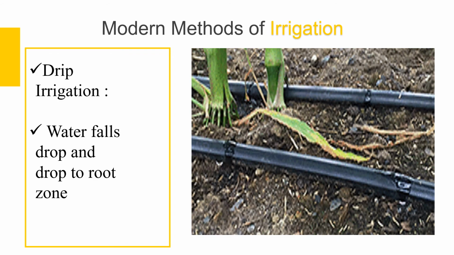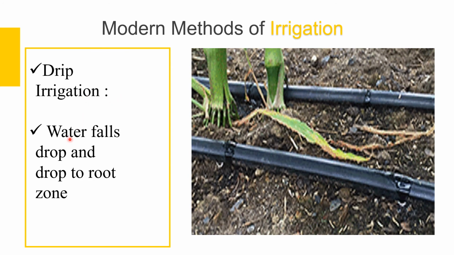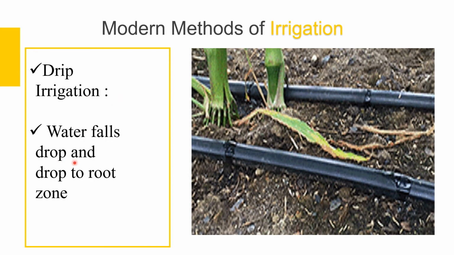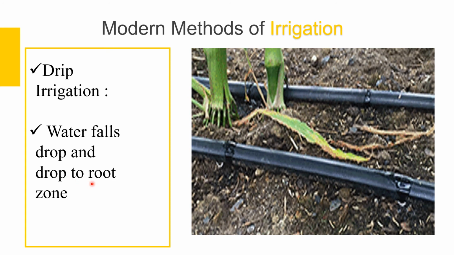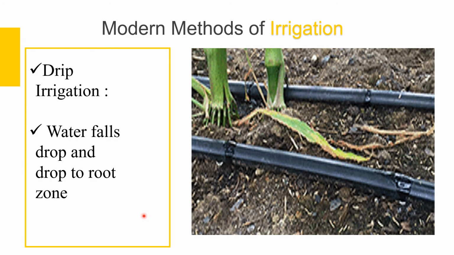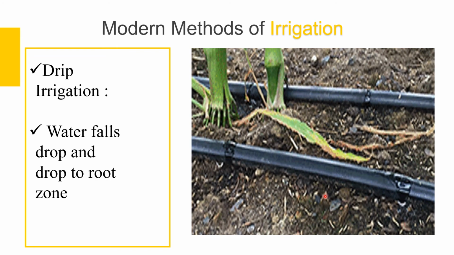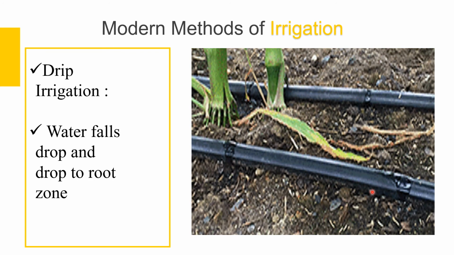Now let us discuss another modern method of irrigation, which is drip irrigation. It is a mimic of waterfalls, drop by drop, close to the root zone. So what is this drip irrigation? In the drip irrigation system, there is a network of narrow pipes or tubes with small holes.